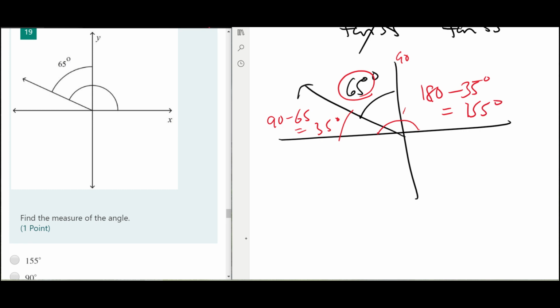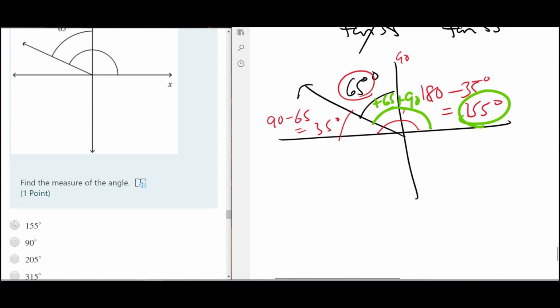But now that I think about it, the easiest way is just to do from here to here is 90, and then 90 plus 65 is going to be 155. That's probably the best way of doing this kind of problem. So 155 degrees is my final answer.